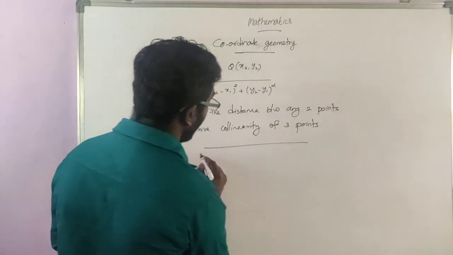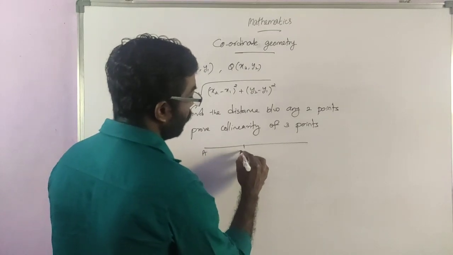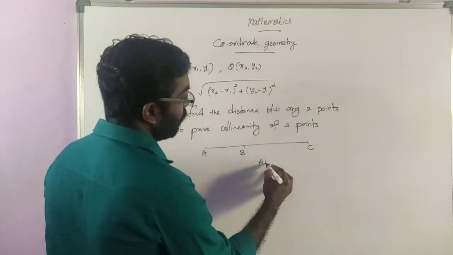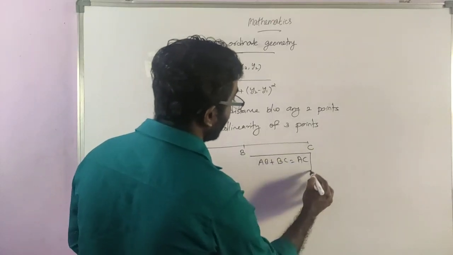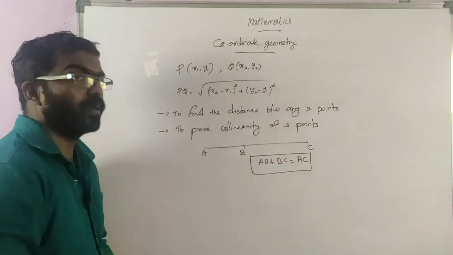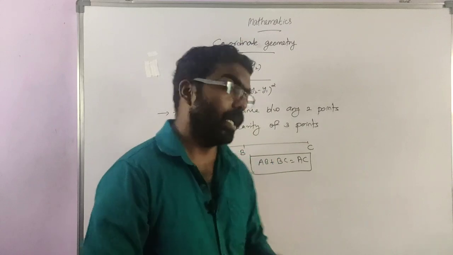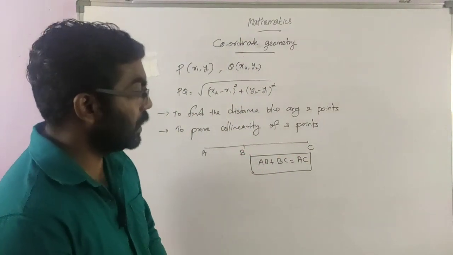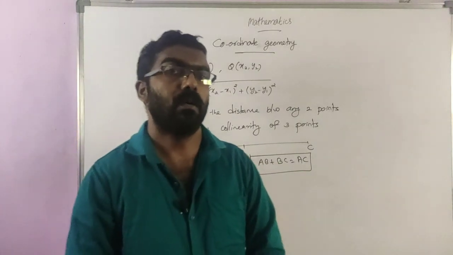We know if 3 points lie on the same line, then it is called what? Collinear points. So if ABC lie on a line, then we can say AB plus BC is equal to AC. If this condition is fulfilled, then we can conclude the points are collinear using what? Distance formula. If AB plus BC is equal to AC, then the points are collinear.